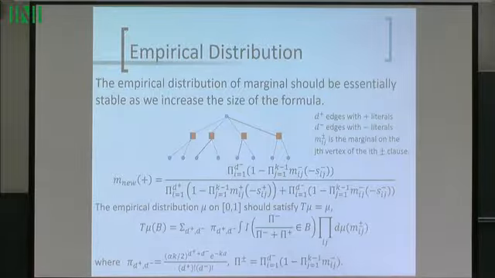Now the distribution of the marginal at the new vertex should, on average, be the same as the empirical distribution. So some fixed point equation should be satisfied: if we picked these leaf ones independently according to the empirical distribution, then when we add in new clauses and a new variable, that one will also be distributed according to our guess for the empirical distribution, which I'll call mu.